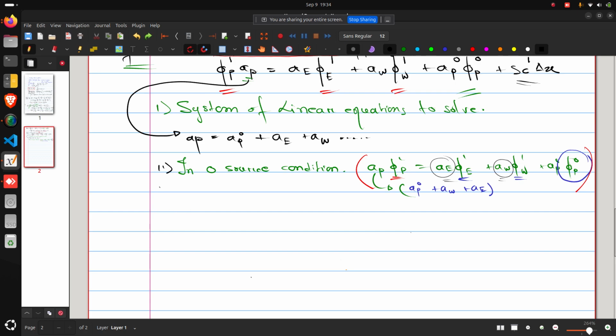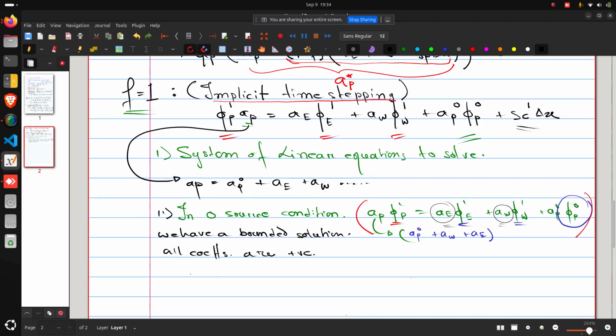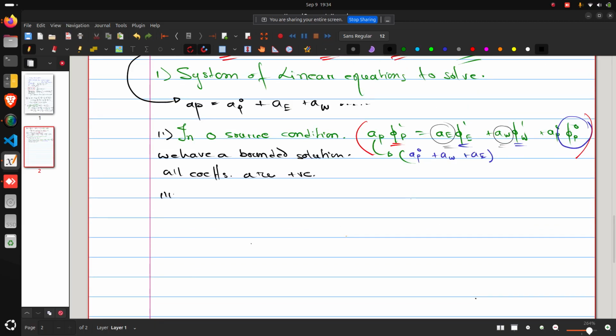We have a bounded solution, right? All coefficients are positive. So we can say that it is unconditionally stable. But that will come later.